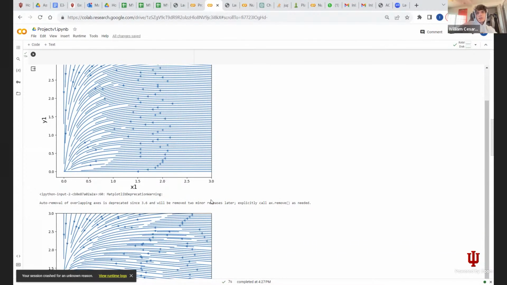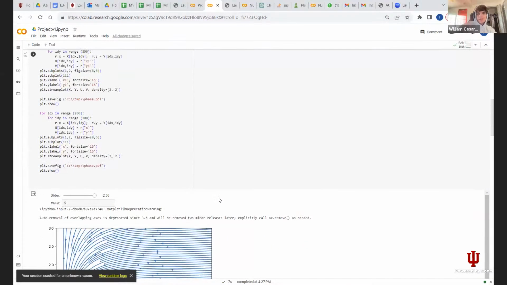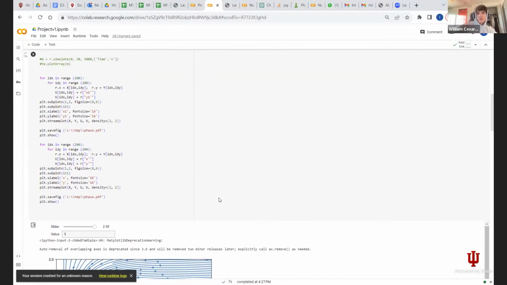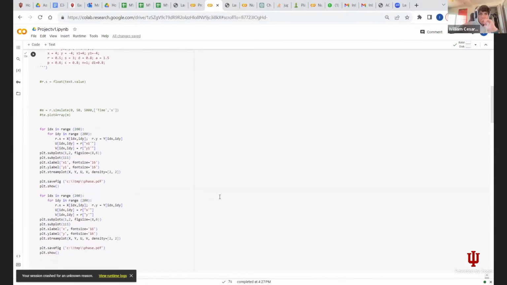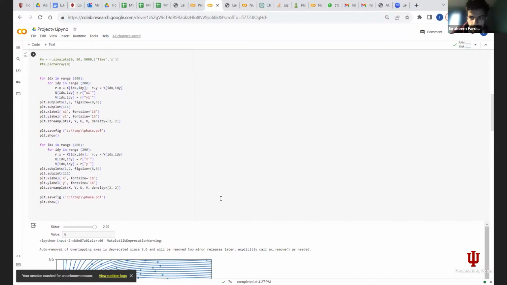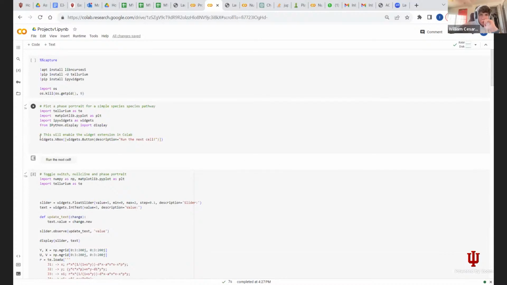Sorry. Maybe this could help. I'll paste in the code that I used for one slider. It's a function, and you use widgets. You have to import widgets, which I don't know if you already did. This one, right? Import ipywidgets. Yeah, right.